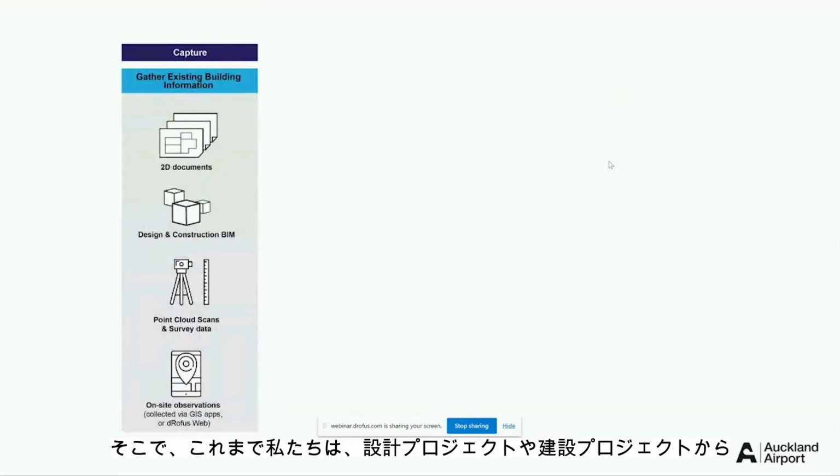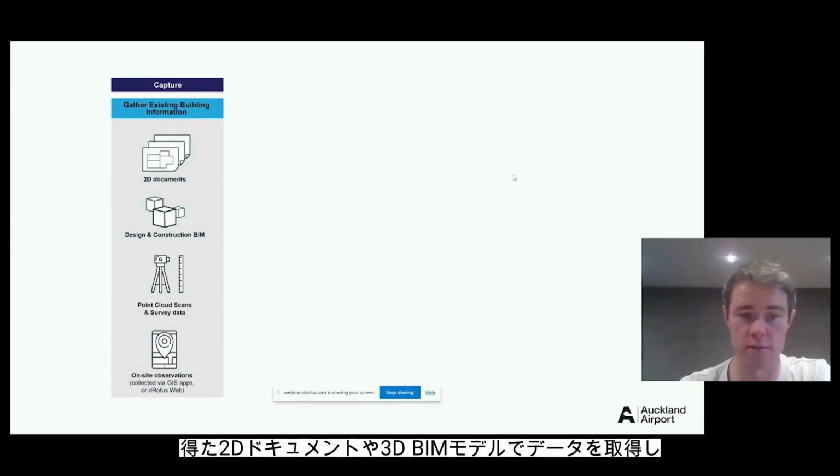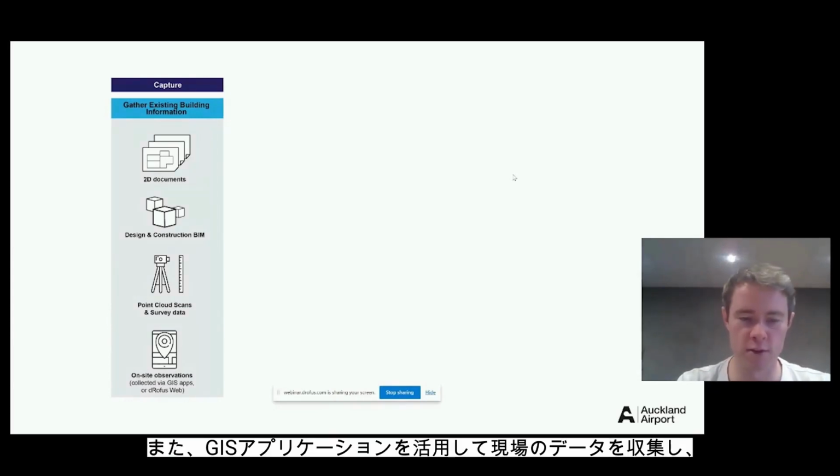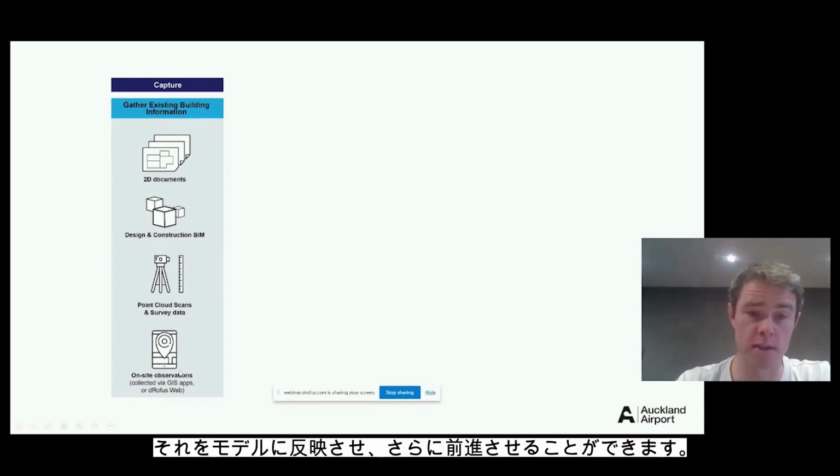And so what we've been doing, as I mentioned over the past, is capturing data by collating 2D documents and 3D BIM models that we've had from design projects and construction projects, and then scan to BIM and verifying these with point clouds and on-site survey, and also utilizing GIS apps to collect data on site that we can then feed into the model.